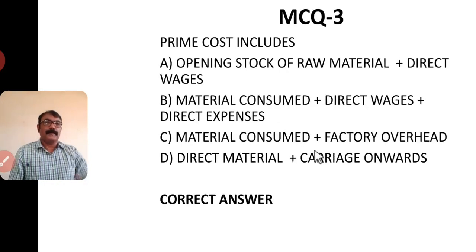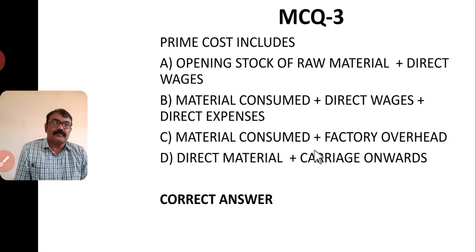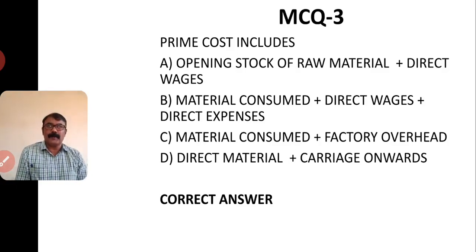And MCQ 3: prime cost includes which of these? A, opening stock of raw material; B, direct materials consumed, direct wages, direct expenses; C, materials consumed plus factory overheads; D, direct materials plus carriage inward.